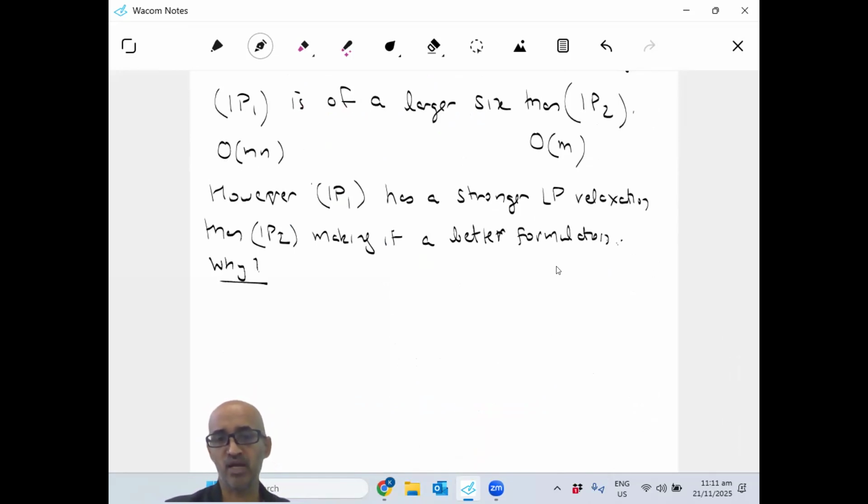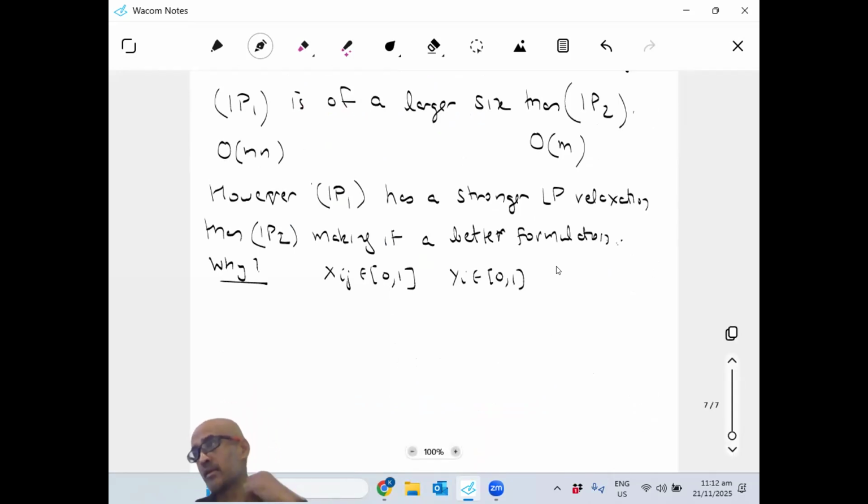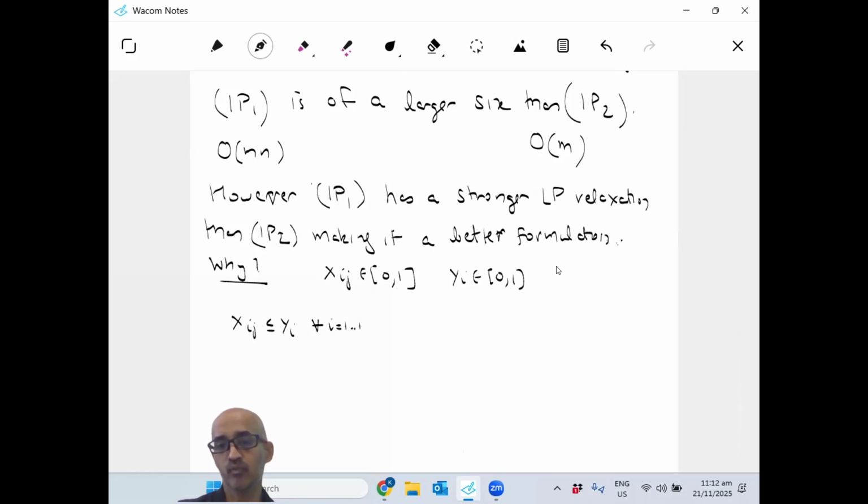Okay. So remember, what are my constraints? My constraints are xij is 0 or 1. Now I'm thinking about LP relaxations, and these yi are 0 or 1. For IP1, the corresponding linear constraint was xij is less than or equal to yi for every i and for every j.